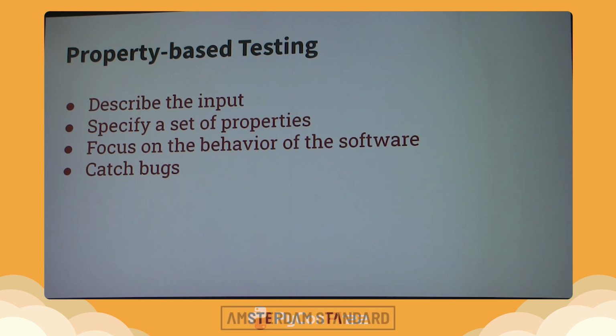But in this case, we're focusing on the behavior of the software by testing general properties of it instead of just testing our own expectations of how our functions should work. And so by testing general properties of our software, we're describing its behavior more thoroughly and more precisely.